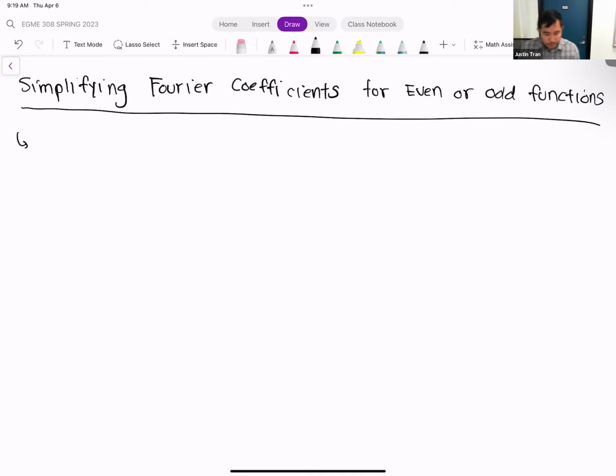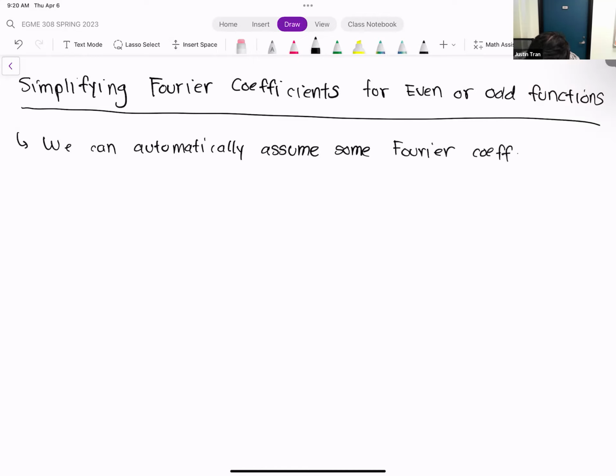Okay. So let me start by saying this. We can automatically assume some of the Fourier coefficients will be 0 if our starting function f of t is either even or odd.